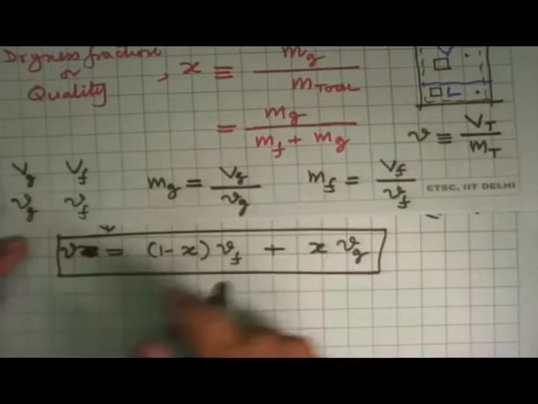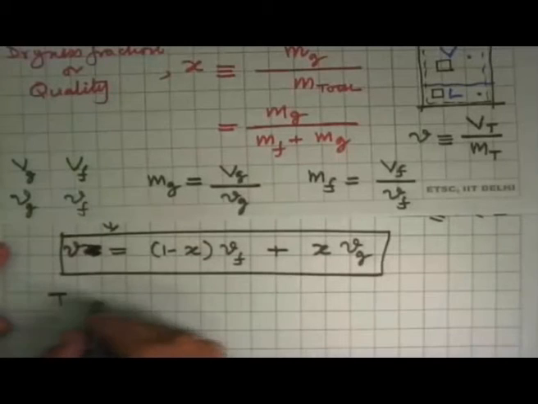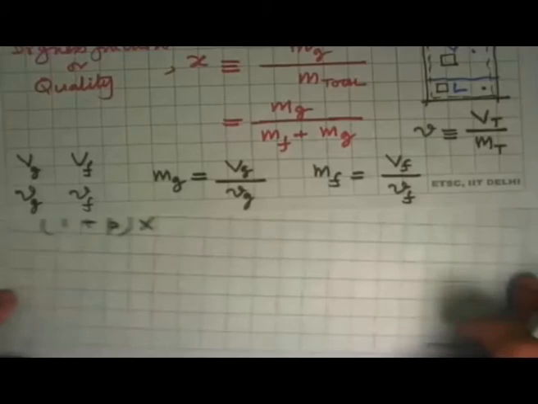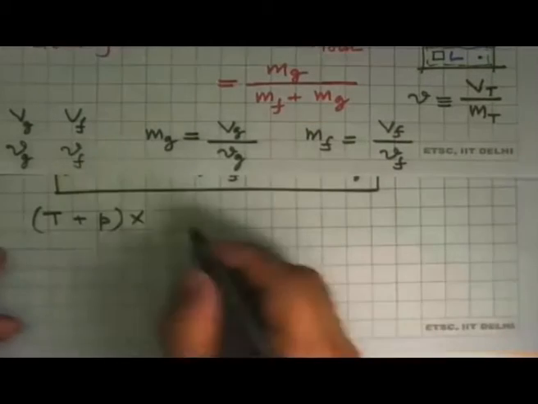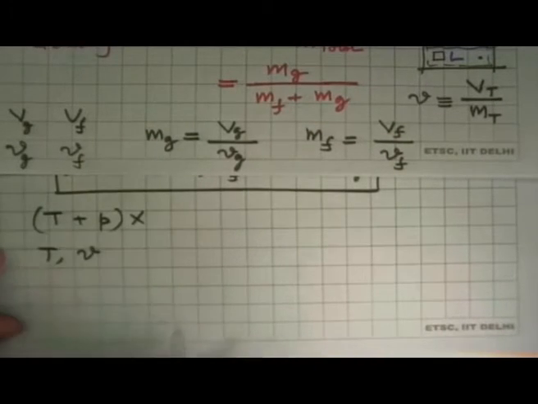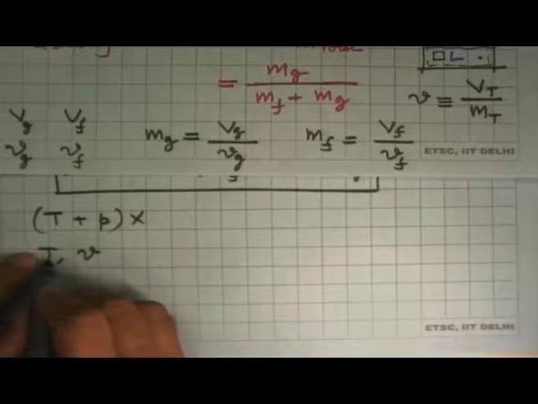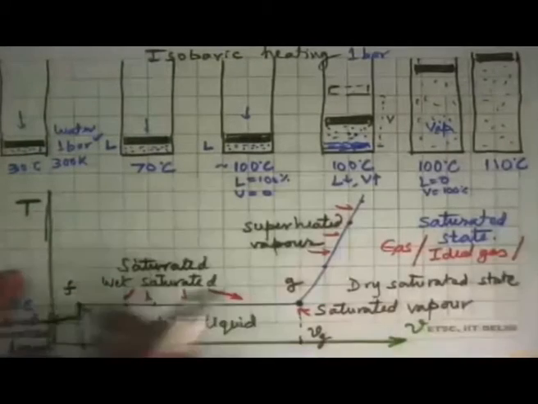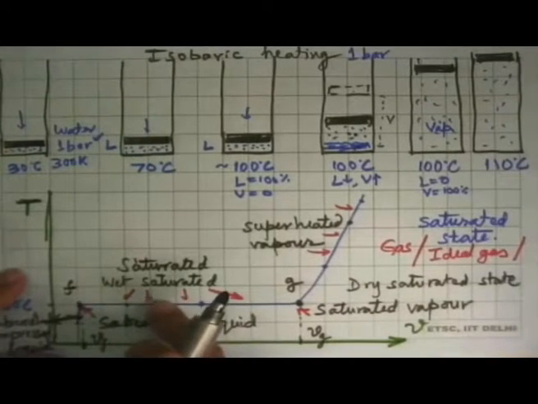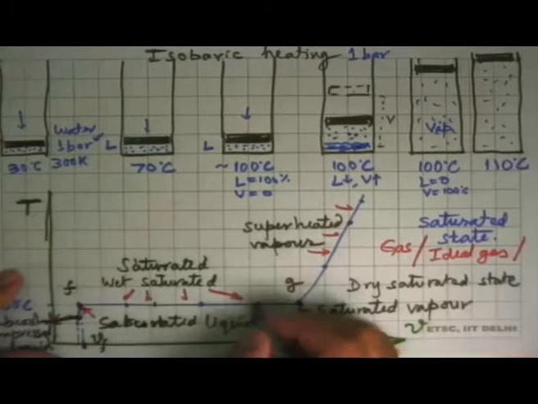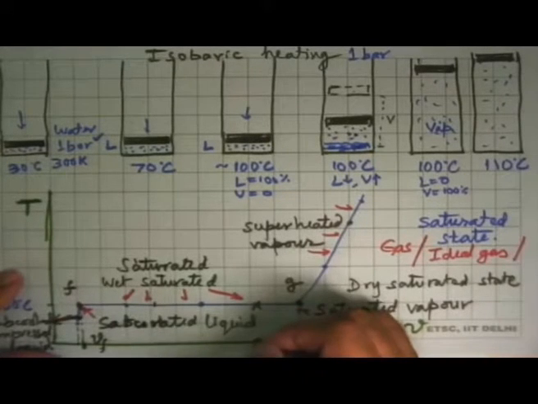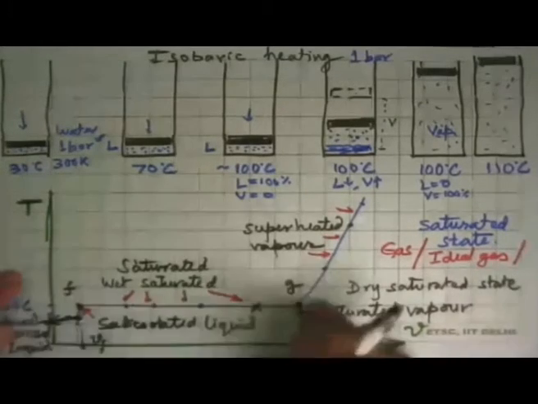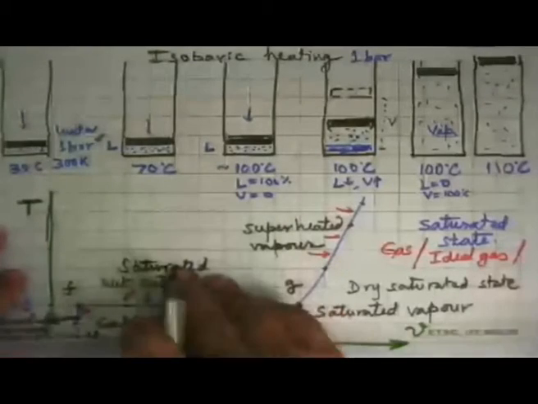And what it tells us is that now for a saturated state, T and P are not independent properties, but T and v is okay, because if it is a saturated state, no matter where it is, there will always be one unique point on this diagram. So if that particular point happens to be here, you know that this is the specific volume, this is the temperature, and we can calculate X from here, and we will see how to calculate all the other properties.